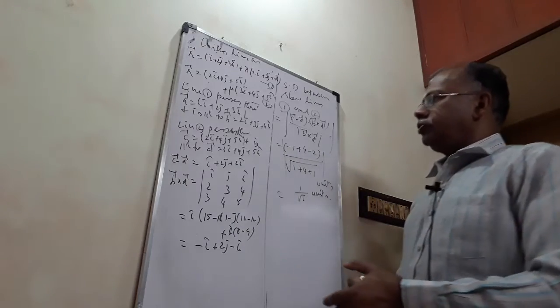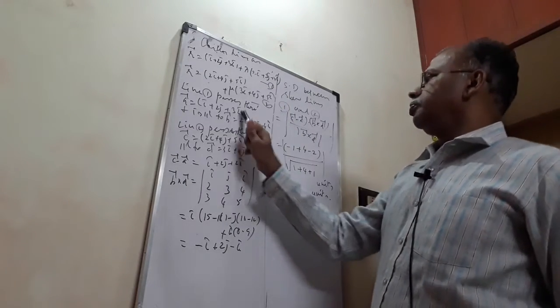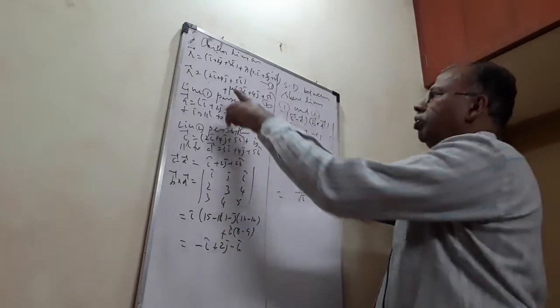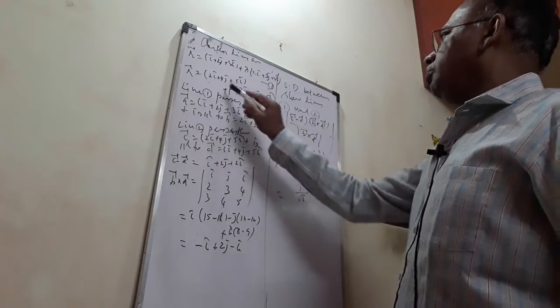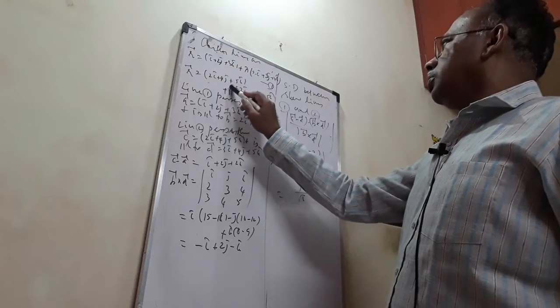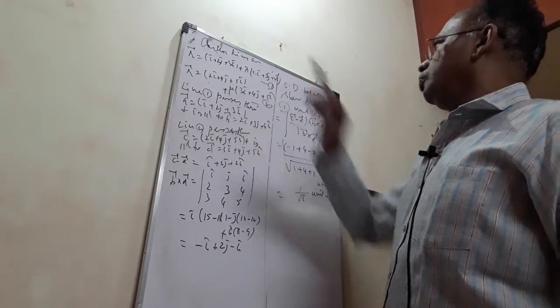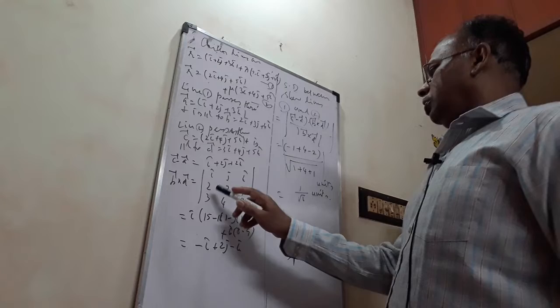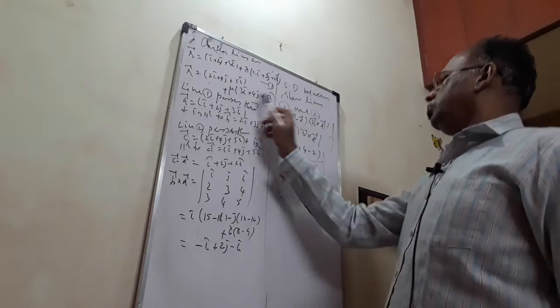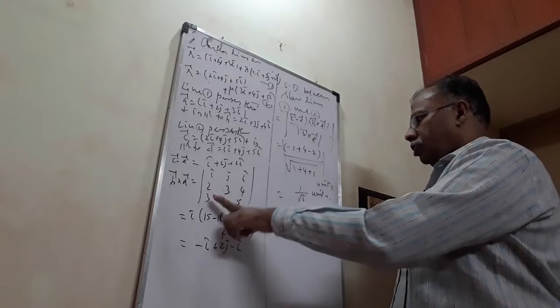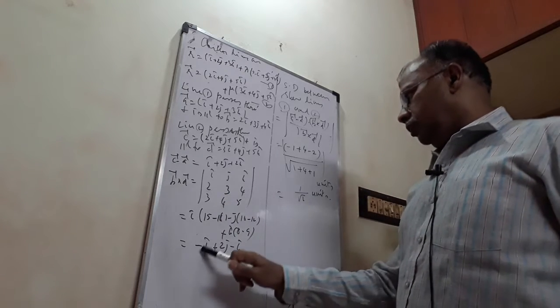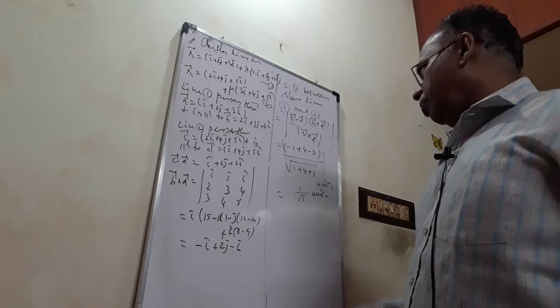Okay, let me just check. Line 1 passes through this and is parallel to this. Find C minus A. C minus A is i plus 2j plus 2k. Okay, B cross D: 2, 3, 4, 3, 4, 5. 15 minus 16, minus j into (10 minus 12), plus k into (8 minus 9), which is minus i plus 2j minus k.